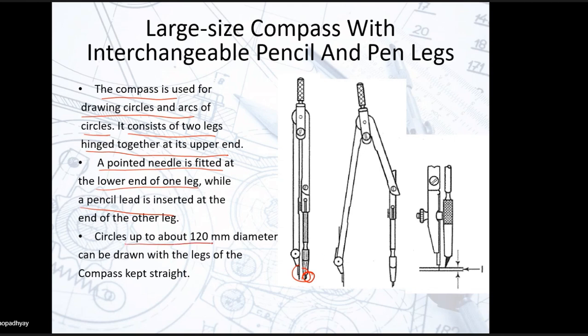Circles up to 120 mm diameter can be drawn with the legs of the compass kept straight. And while fitting the lead, there should be a 1 mm gap between this pin and the lead, when the legs are kept absolutely straight and parallel to each other.